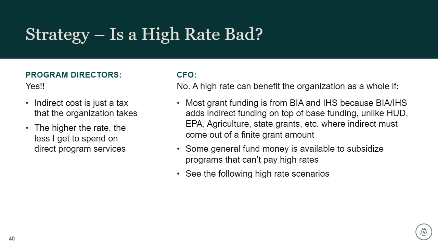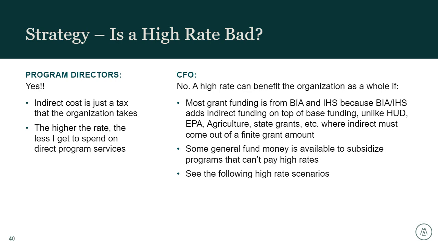They may say, no, a high rate can actually benefit organizations, considering a few factors, such as that most grant funding would be from Bureau of Indian Affairs and Indian Health Service, because BIA and IHS consider that they are funding under the 93-638 public law, and they would add indirect funding on top of base funding, unlike the Housing Department or Environmental Protection Agency, Agriculture, and others, where indirect must come out of the finite grant amount.